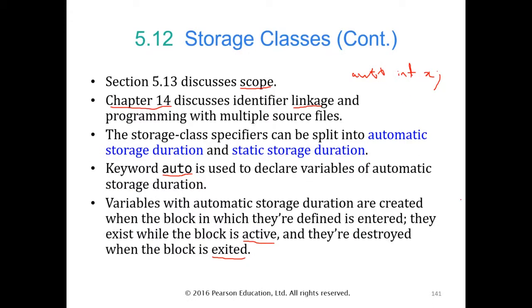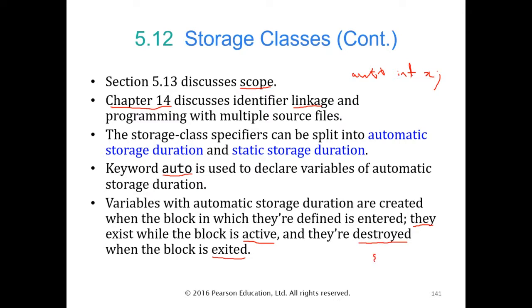So integer variables that you define in some function or in some block, if they are of automatic storage duration, will be created when you enter the block in which you have defined them. You can use them inside that block, but when you exit that block, they will be destroyed.